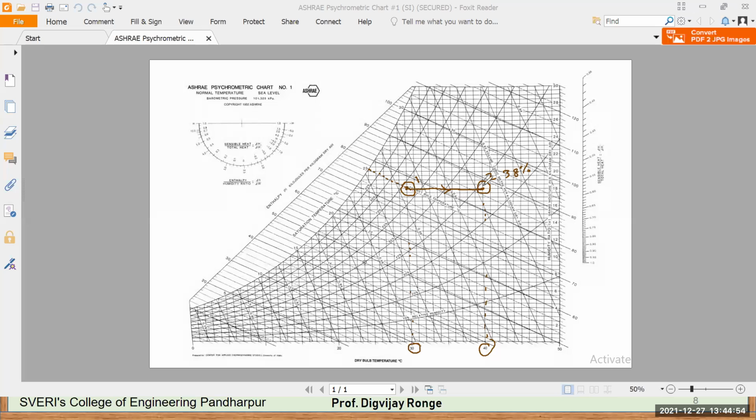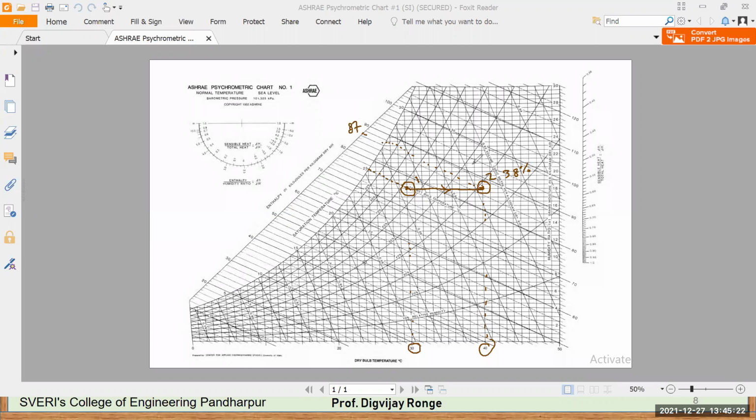So I have to draw a line parallel to that dashed line. That way, I can obtain the enthalpy. I think this will be the case here. So this is 80, this is 90, so 82, 84, 86, 88. So it may be 87 enthalpy.